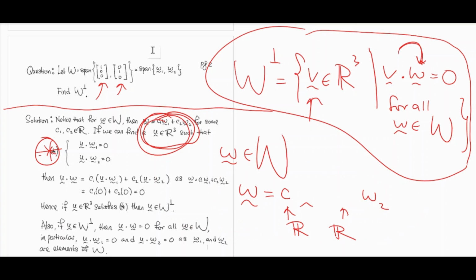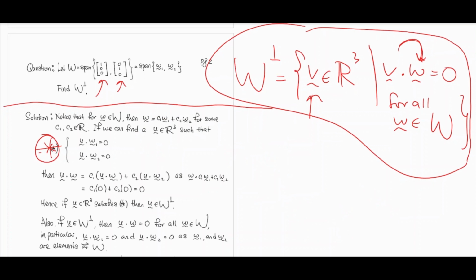So how do we see that? Easy. Let's do the dot product computations. Given we have this property star, then u dot w is going to be c1 of u dot w1 plus c2 of u dot w2, and because u dot w1 and u dot w2 are 0, how do you know that? Because of this property. So u dot w will also be 0.